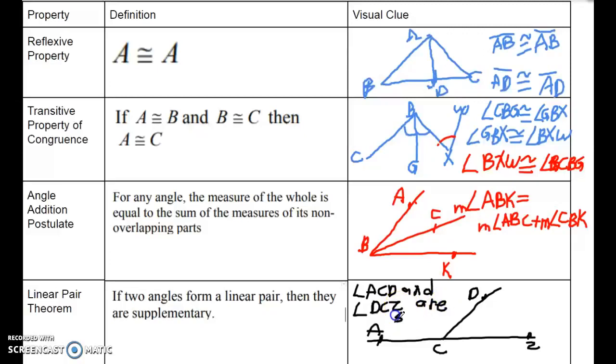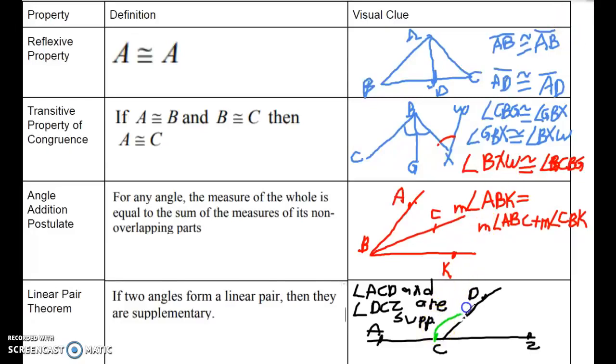Okay, so remember those measures are going to add. That means that this whole thing here is going to equal 180 degrees.